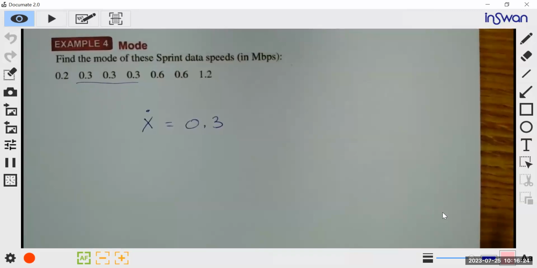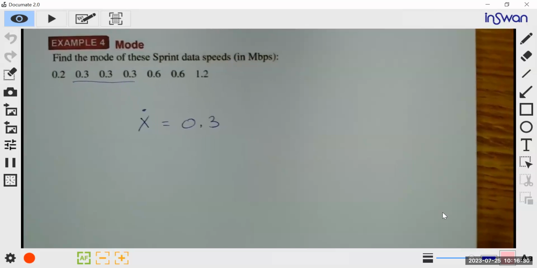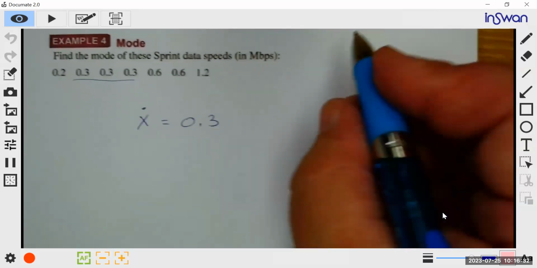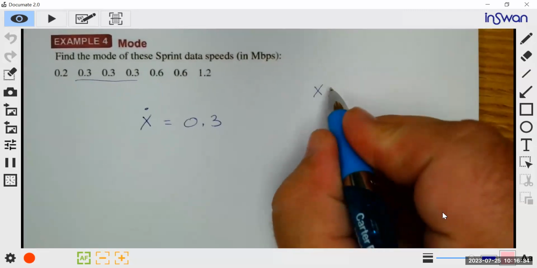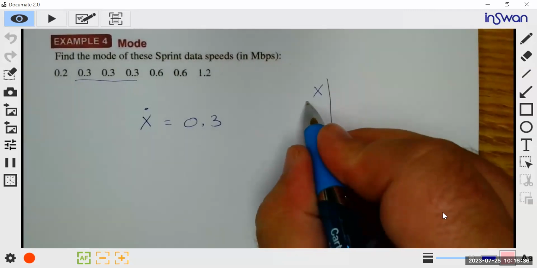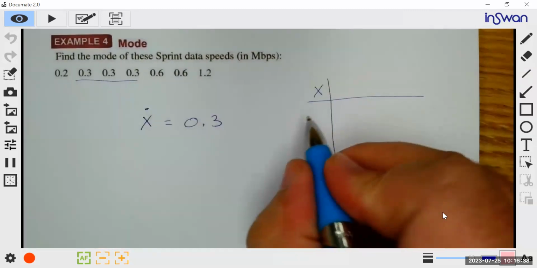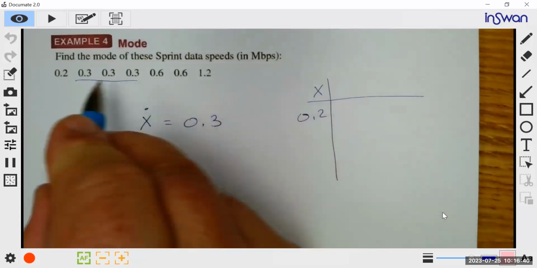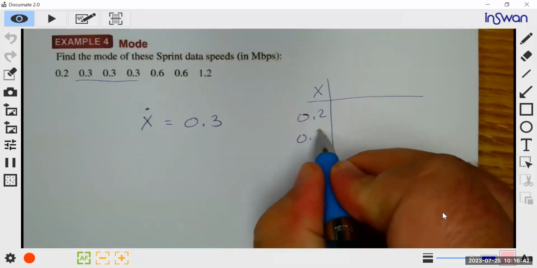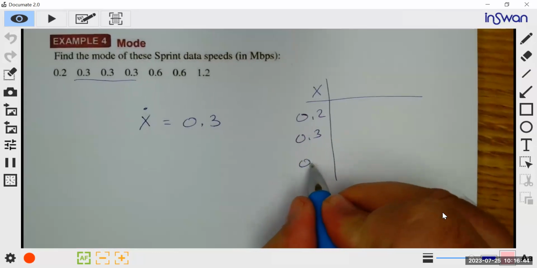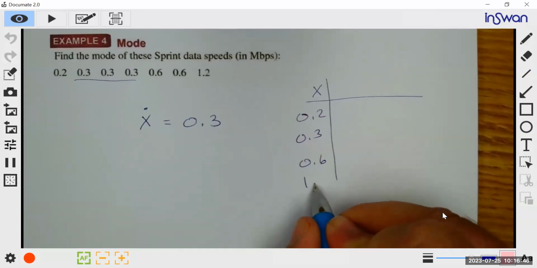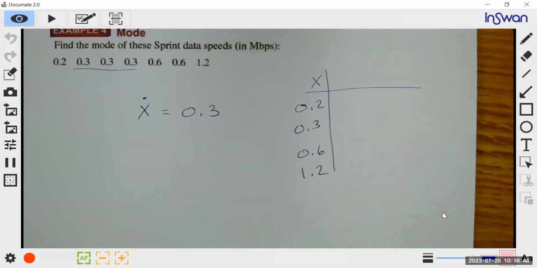By definition, what is the mode? Most frequently occurring, right? So if you think about it, we have our data set. Our data numbers are 0.2, 0.3, 0.6, and 1.2.